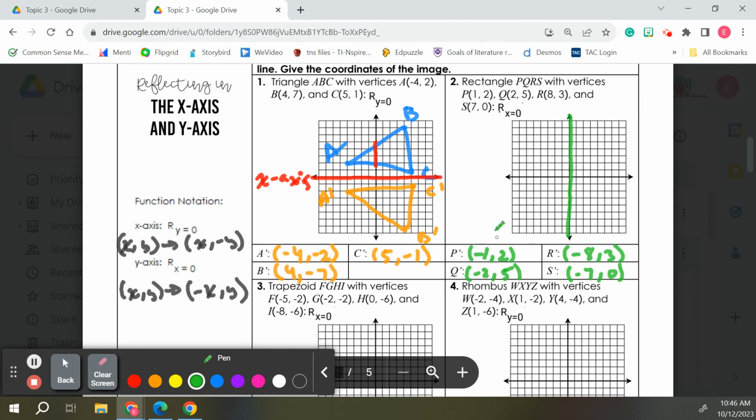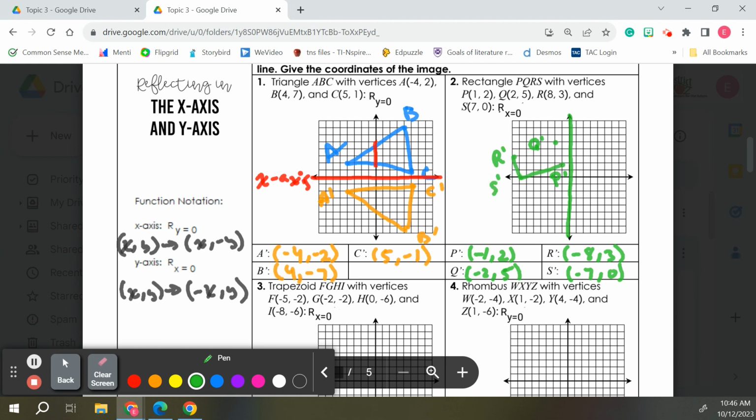So when I plot this, I'm just going to plot it real quick to show you guys. We have -1 up to 2, -2 up to 5. So here's P prime, Q prime. R is -8 up 3, and S is -7, 0.